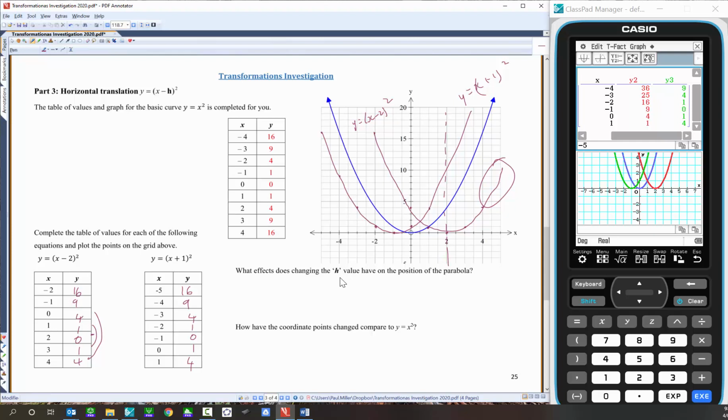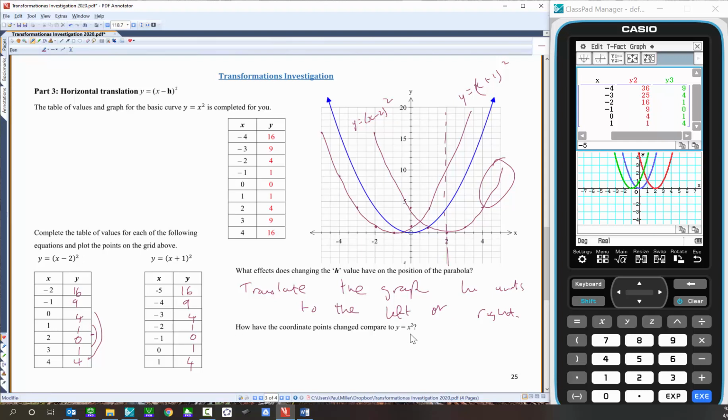So what effect does the h value have on the position of the parabola? Okay, so it will translate the graph h units to the left or right. It all depends on the value of h.